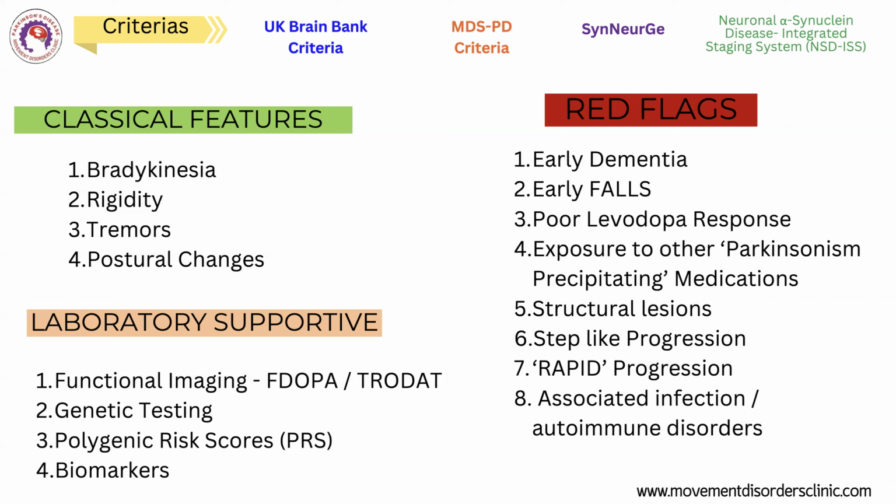These are different criteria, and they have their own advantages, and for different reasons they work out better. We are slowly moving into early biomarker-based studies so that early pickup can be done. But from today's perspective, the most important are the classical features that I told you.